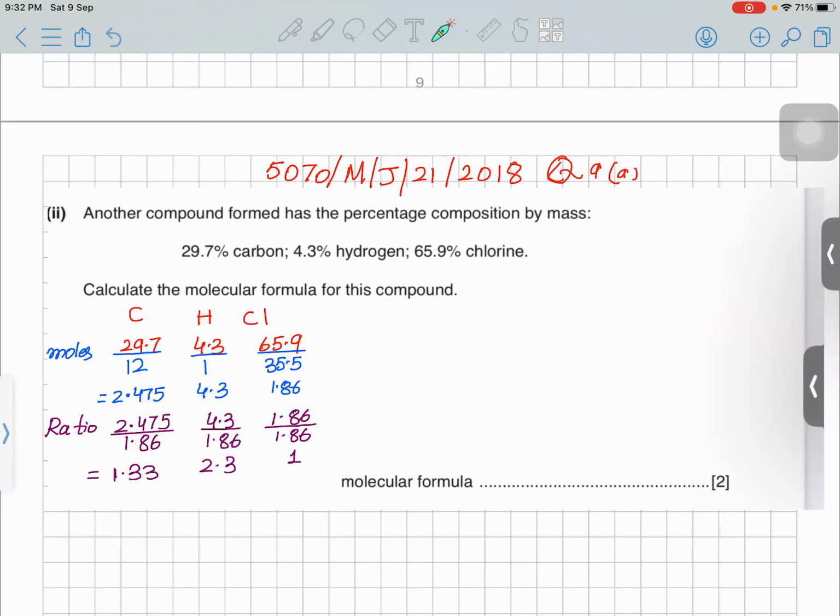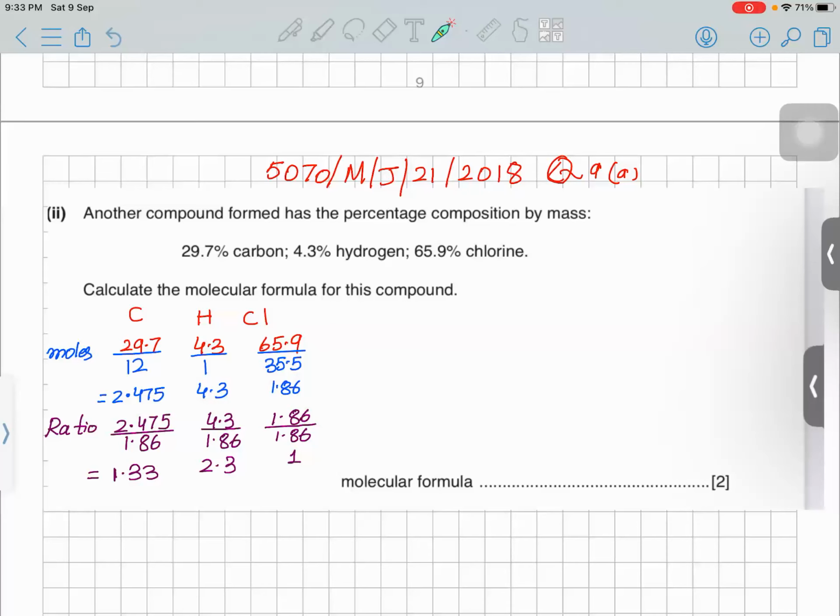Now you have 2.3. Whenever you have 0.3, multiply by 8. Now 2.3 multiplied by 8 is 18.4.